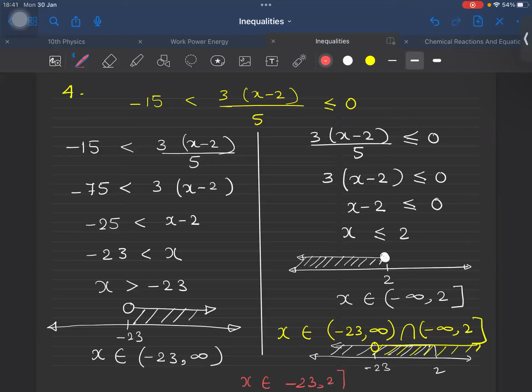In 2 we have a closed bracket, and in -23 we have an open bracket. Understood? That's how we solve such an inequality. It's easy, right? We are just solving it twice and taking the intersection, because this is an and statement, and an and statement means intersection.